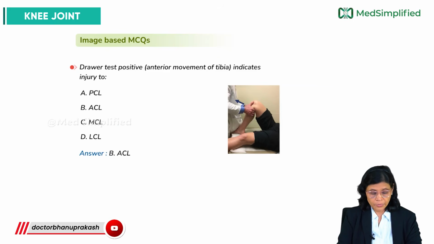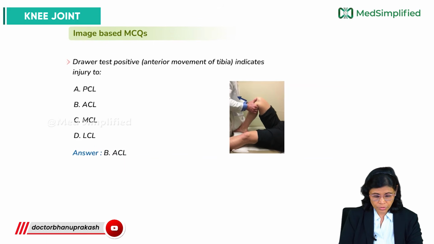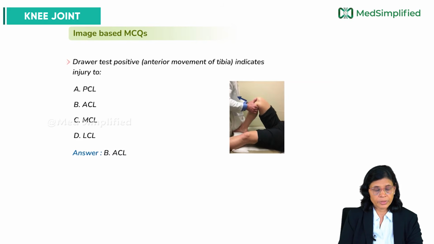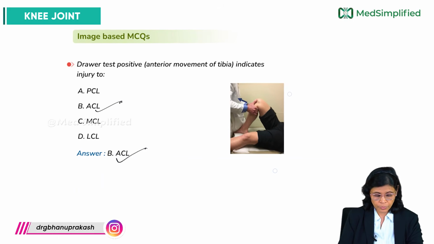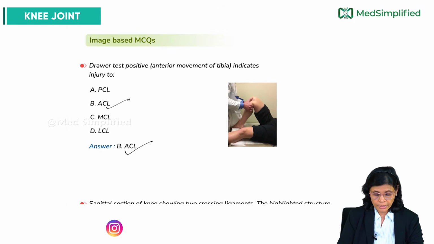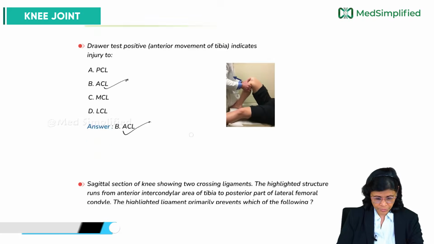So let's begin with the image based MCQs. First one: draw test positive, that is anterior movement of tibia, indicates injury to. When there is excessive anterior movement of tibia, it's mainly the anterior cruciate ligament tear, not the posterior cruciate or the medial or lateral collateral ligaments. In posterior cruciate injury, the posterior draw test will be positive.